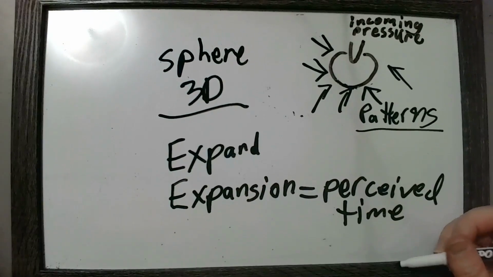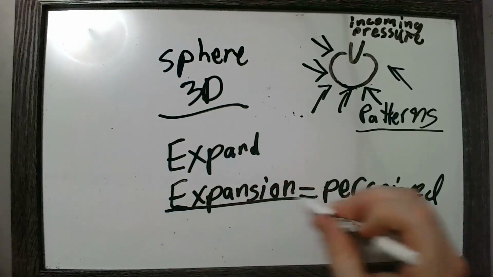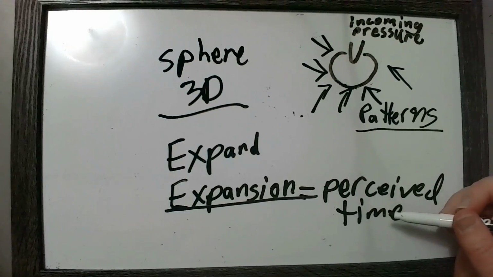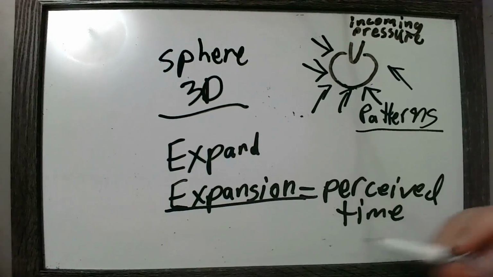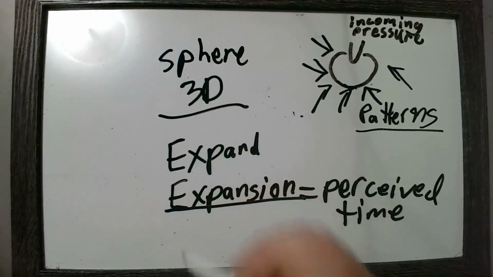What that means is all the activity in the universe, every single action that's taken, is going to be expansion. And any movement, any interaction, anything that happens in reality is going to just be expansions, right?